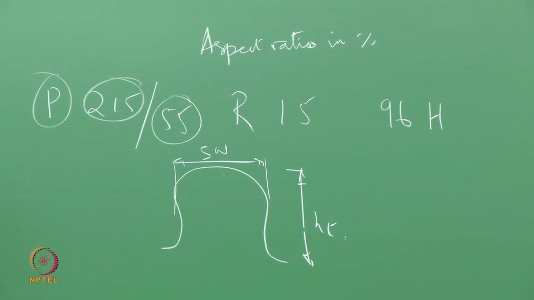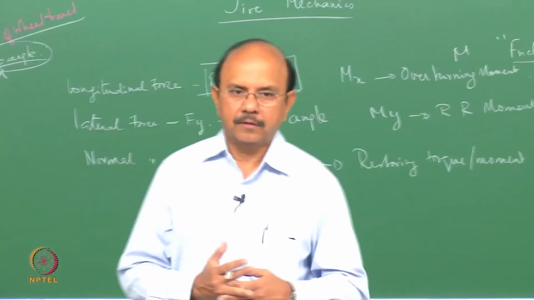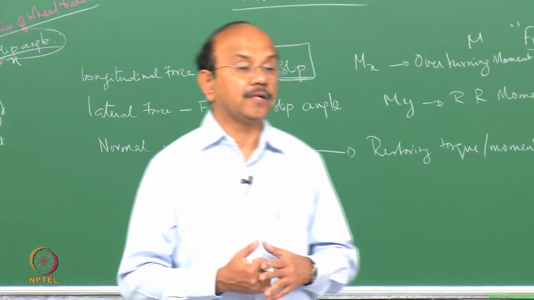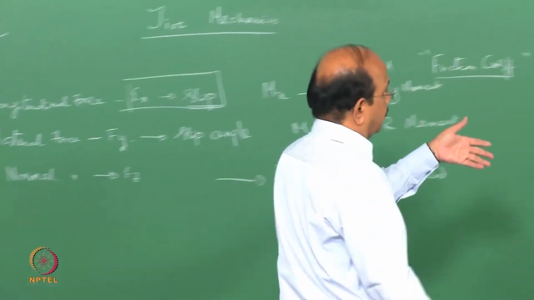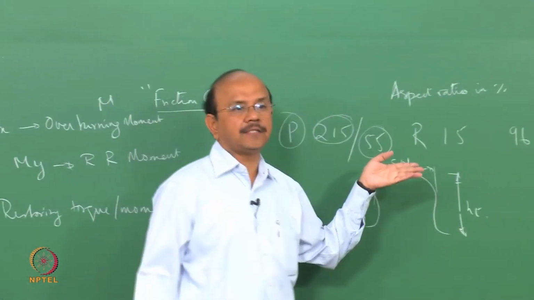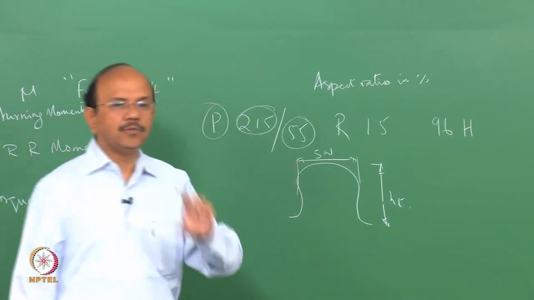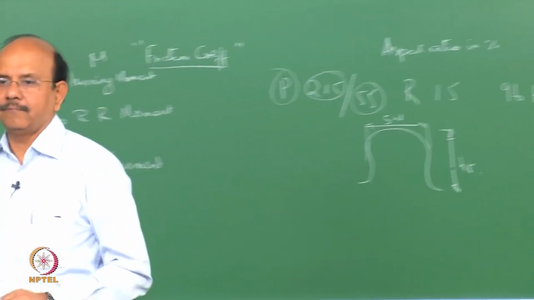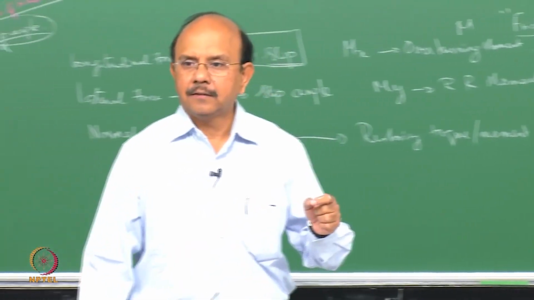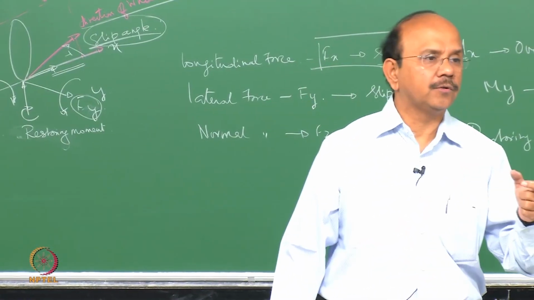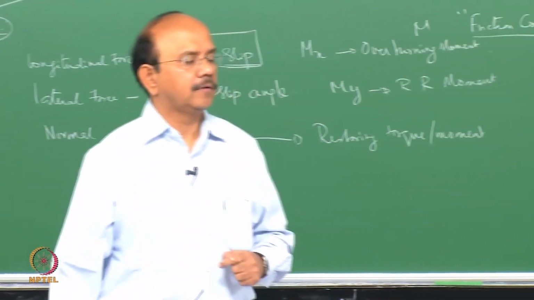Tires with a lower aspect ratio are colloquially called low aspect ratio tires. 35 is a very low aspect ratio. In fact, if you see many of the high-end cars today, you would notice that this height is very small. These are low aspect ratio tires.